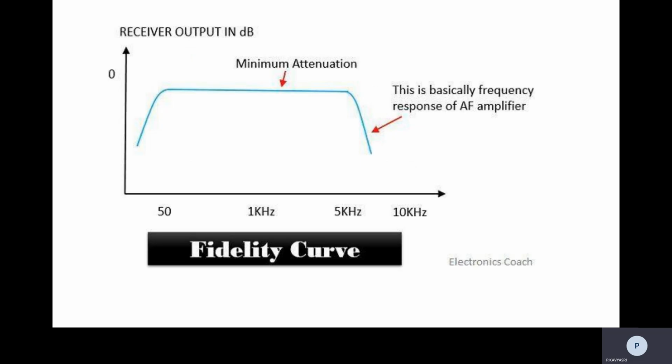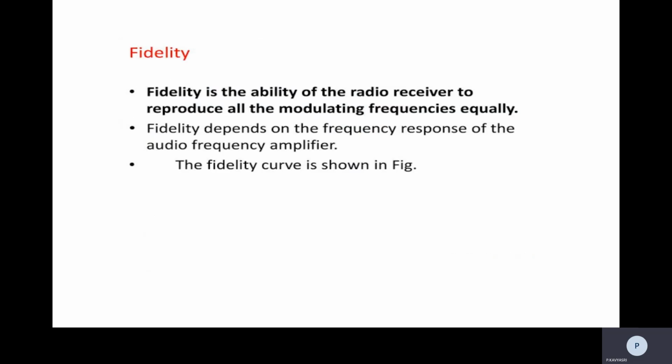The fidelity at the lower modulating frequencies is determined by the low frequency response of the IF amplifier. Similarly, the fidelity at the higher modulating frequencies is determined by the high frequency response of the IF amplifier.